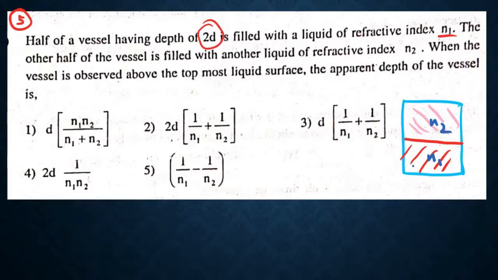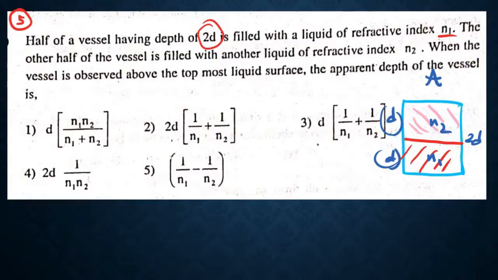When the vessel is observed above the topmost liquid surface, the apparent depth of the vessel is, right, apparent depth? For that, actually half of the vessel depth, 2d is the depth, right? So it's d here.